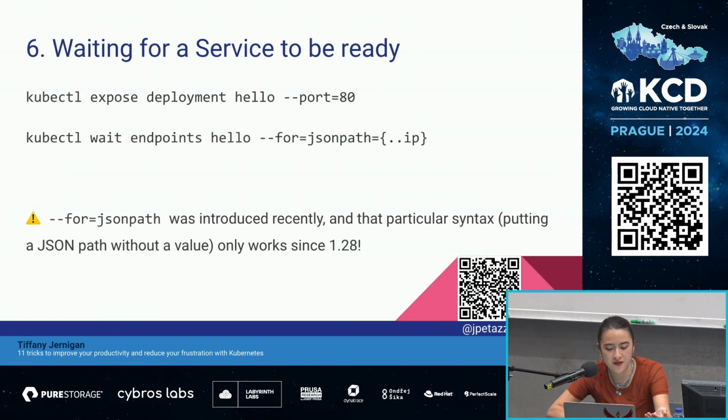And there's also this part here where it's like .ip. Since around 1.28, you don't have to find the entire path of where something is located, which is super helpful for JSON path. Sometimes it can be kind of annoying to try and figure that out. I'll show you a thing later that'll help you see what the JSON path is for something if you don't know, instead of having to traverse through the whole thing and find it.